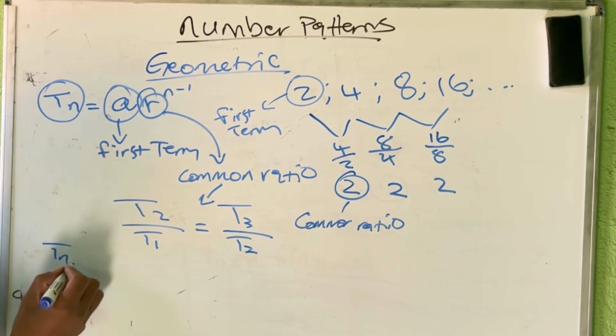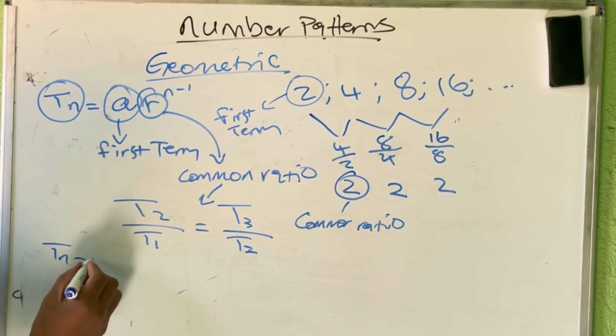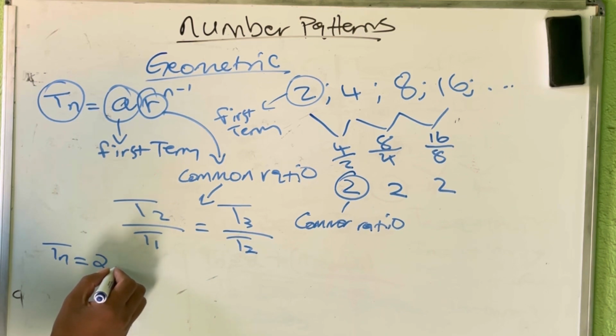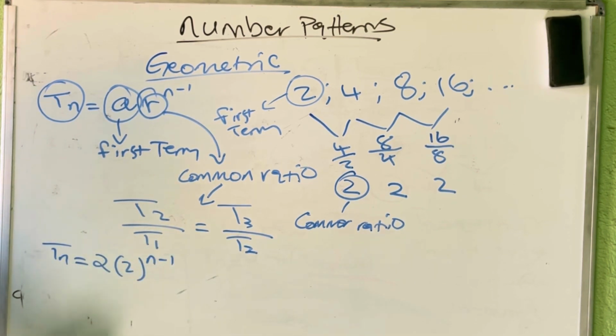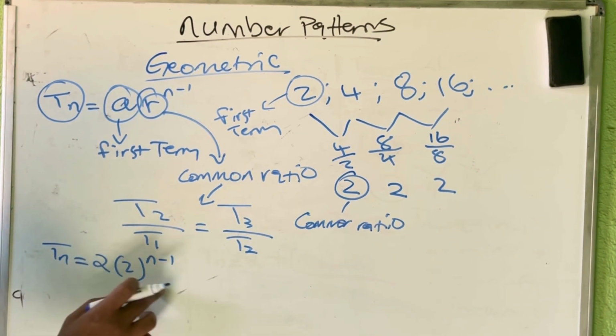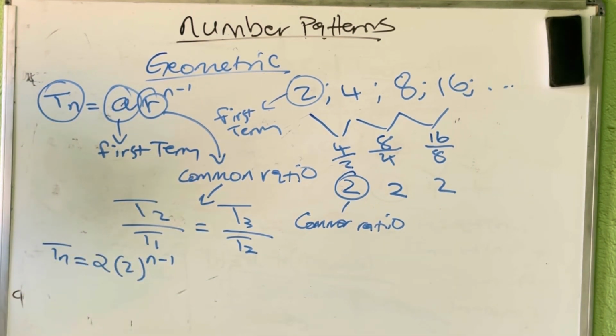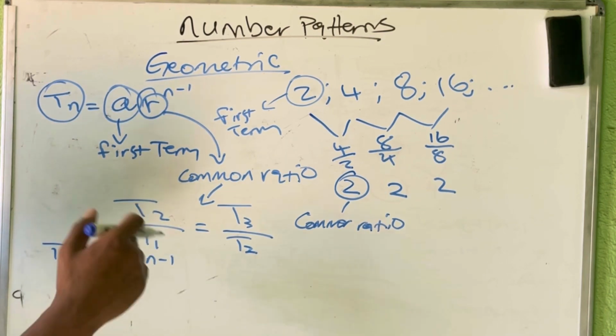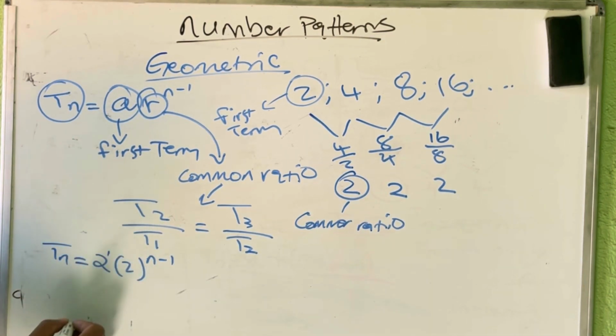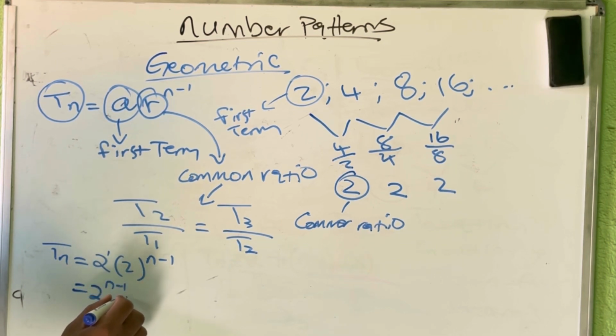So Tn equals, the first term is 2, the common ratio is 2, exponent n minus 1. Now, if it happens that you have something like this, you can simplify it further. When multiplying powers with the same base, you add the exponents. So you have 1 there, right? So it will be 2 exponent n minus 1 plus that 1.